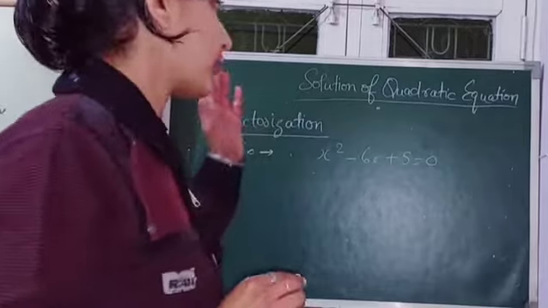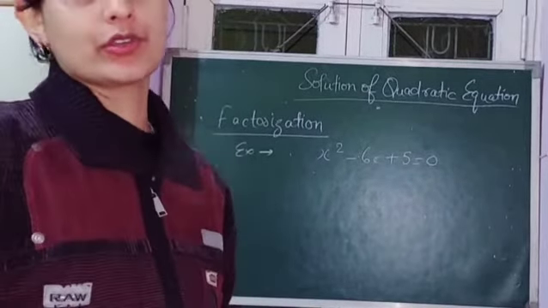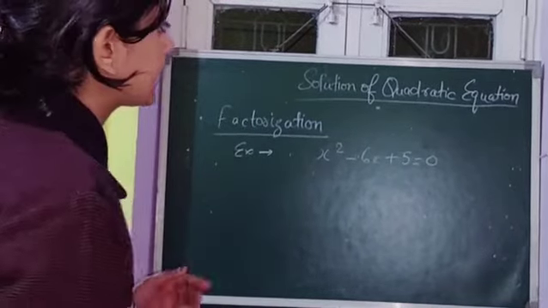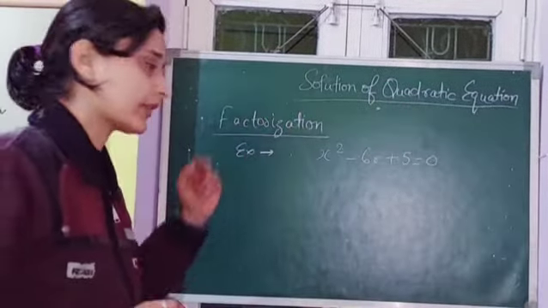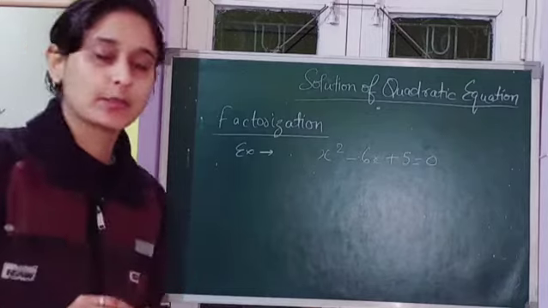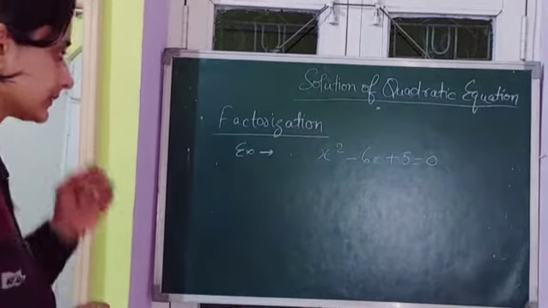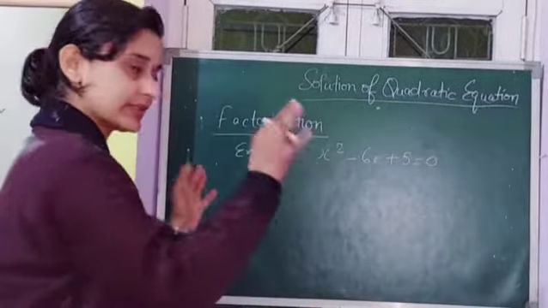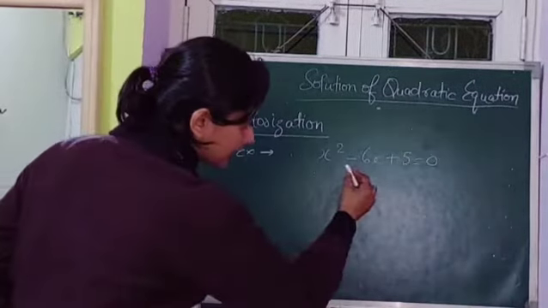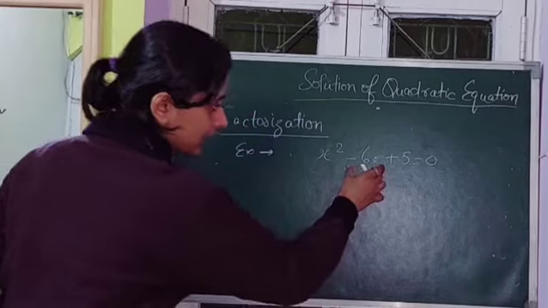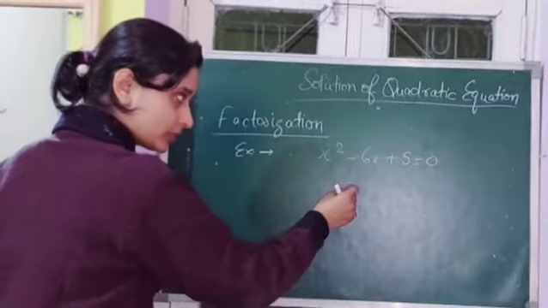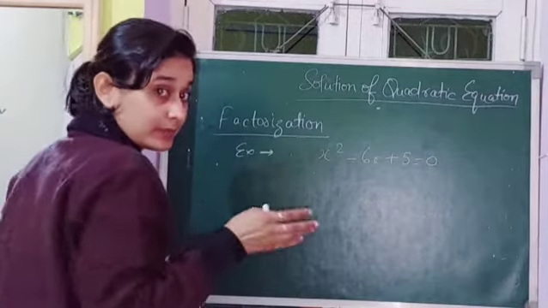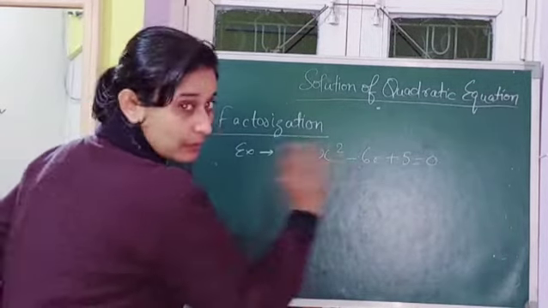Next, to find the solution of a quadratic equation, there are various methods, and first I will find the solution with factorization. This is the simplest method. In this, we split the middle term and factorize the equation. We have to split this value in such a way that when we multiply both those values, it comes 5x square, and when we add both values, it comes minus 6x.